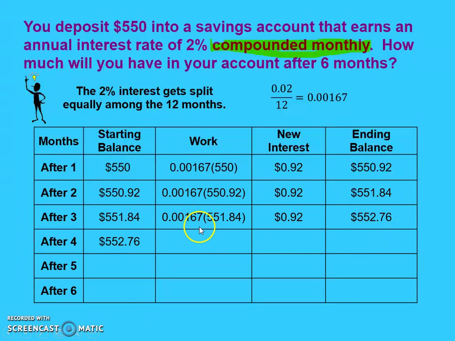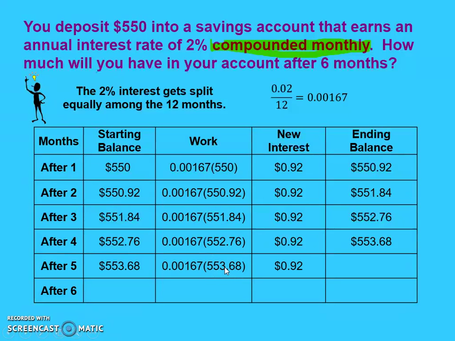That becomes my next starting balance. I'm going to multiply by my percent interest again, and this time still have 92 cents in interest. Add it back on. Now we're up to $553.68. That again becomes my next starting balance. Calculate my percent interest for that month, and it's still 92 cents. Adding it back in, we're now up to $554.60.